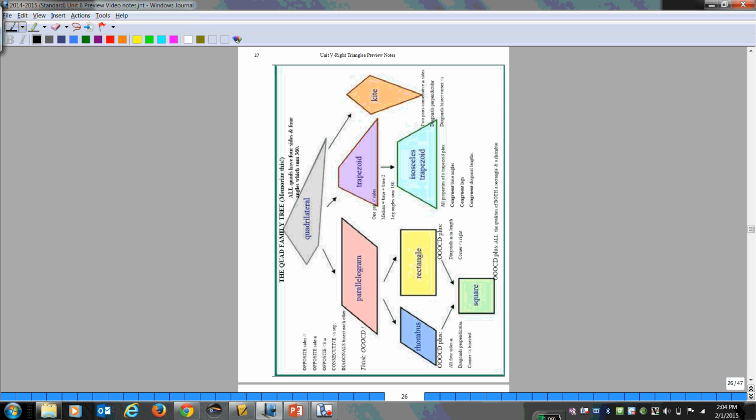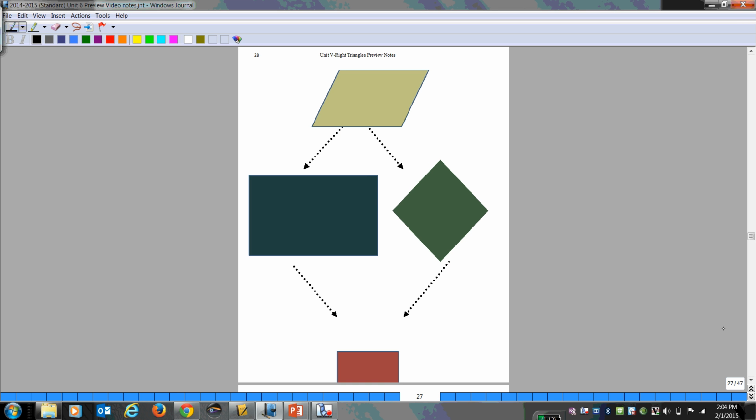So what we have here is we've gone about halfway through parallelogram. We have all the OCD qualities, the descendants of a parallelogram, which are rectangles and rhombi. And then if a rectangle and a rhombus get married, they have a square. So let's finish that up here. If you have a parallelogram, you make four right angles, you have a rectangle.